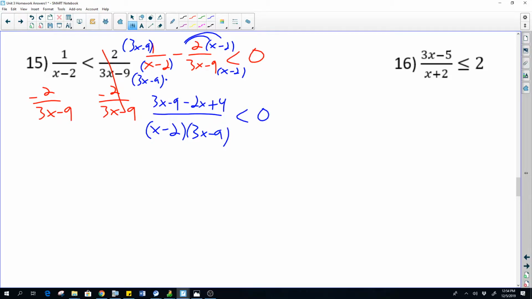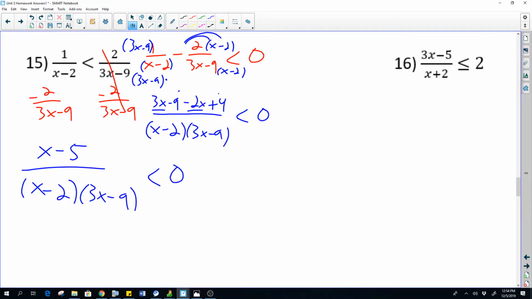So then 3x with the negative 2x is just positive x. And negative 9 with the 4 is negative 5. Cool. So now this problem is a little bit easier now that we've done that. So that's nice at least.